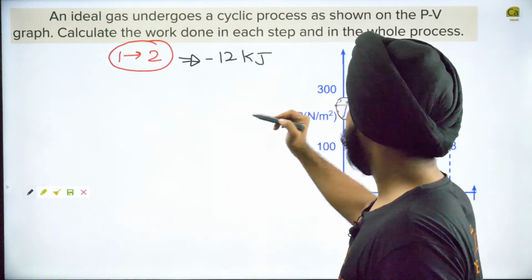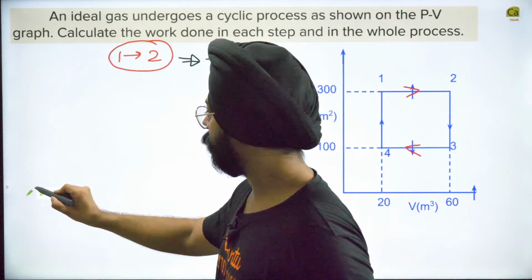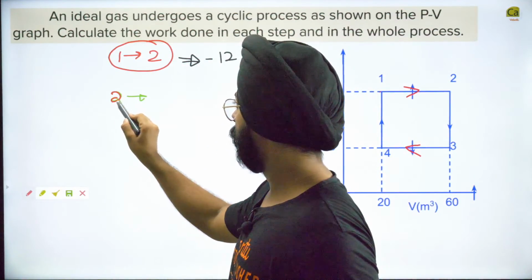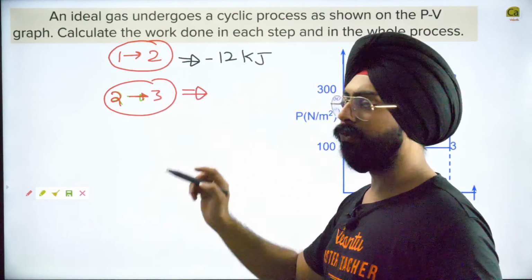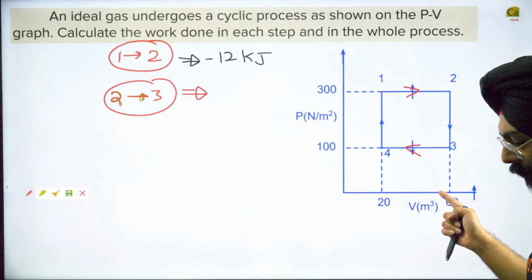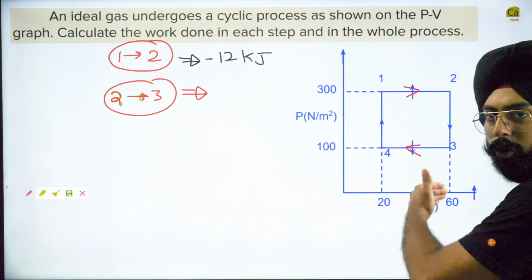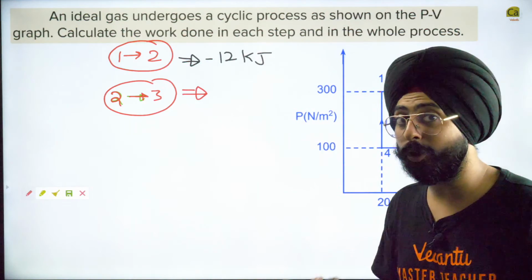Great. Now, what about process 2 to 3? My dear friends, do you realize process 2 to 3? You probably will not be able to see the pen. Process 2 to 3, this process, the volume is not changing. And we have just seen that for an isochoric process, volume is not changing means isochoric process.